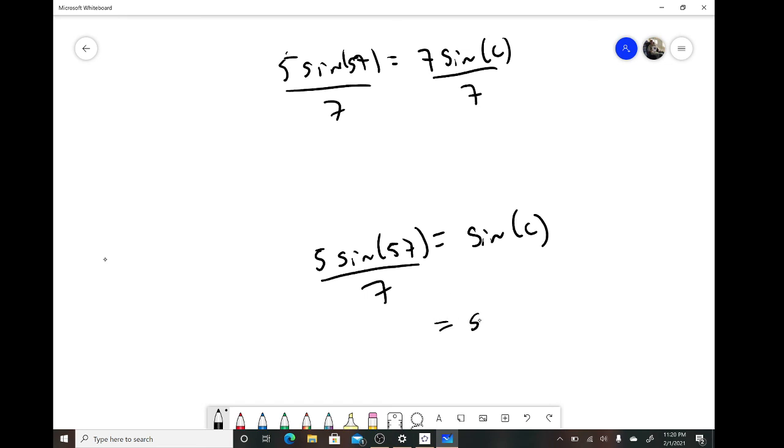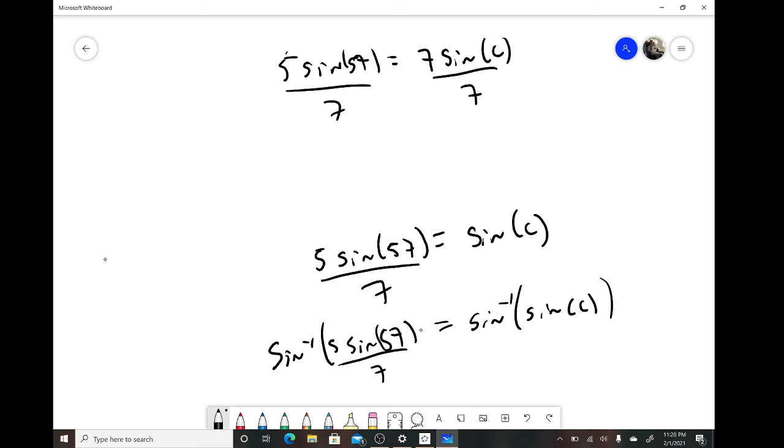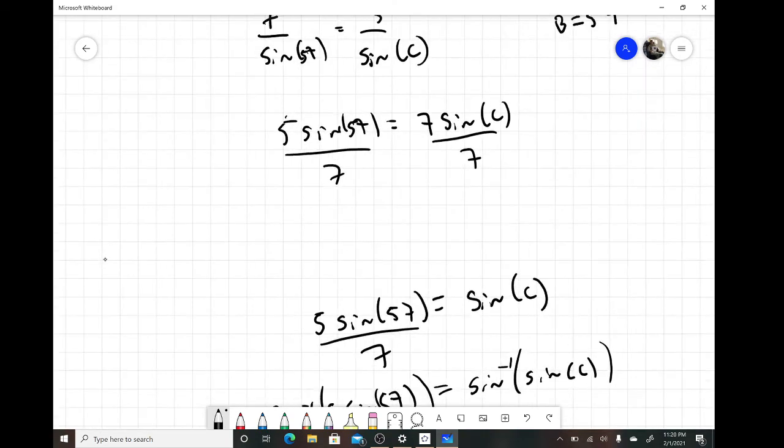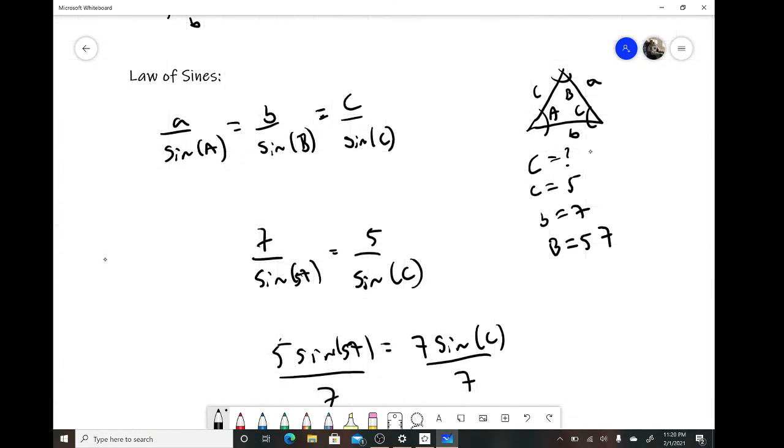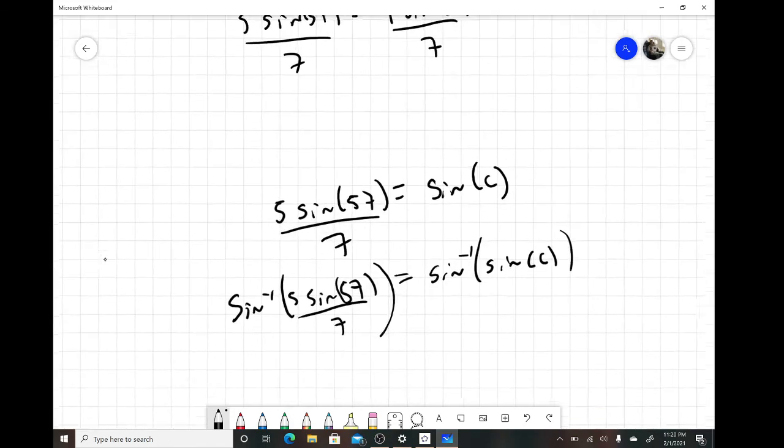So you do inverse sine on both sides. So sine inverse of 5 sine 57 over 7. And this will give you a number, and that number will be the measurement of angle C inside of that triangle.